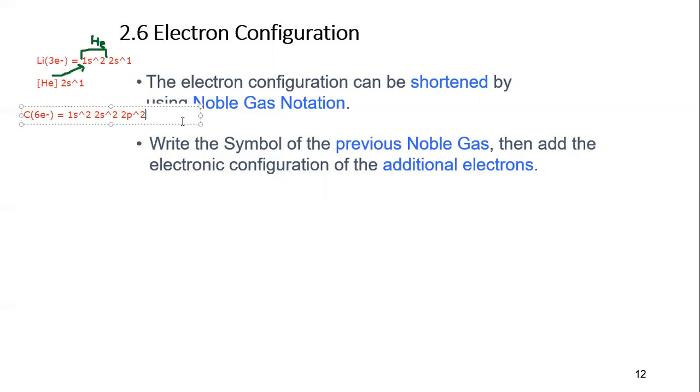So now if we want to write the shorthand, we start with helium. And then helium represents 1s2, so we only put what is unique after 1s2. And this is the abbreviated electron configuration for carbon. So you're always looking at the previous noble gas to see which one it is, and then after that you only write the unique part of it.